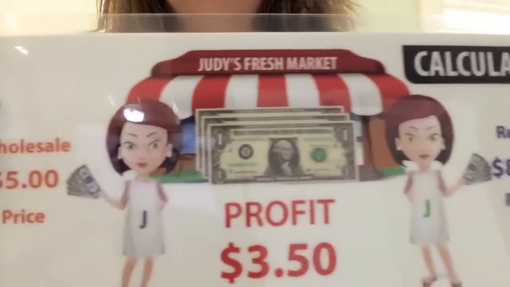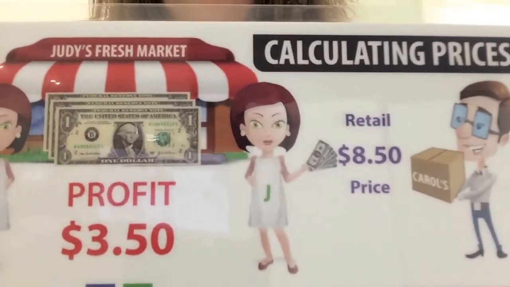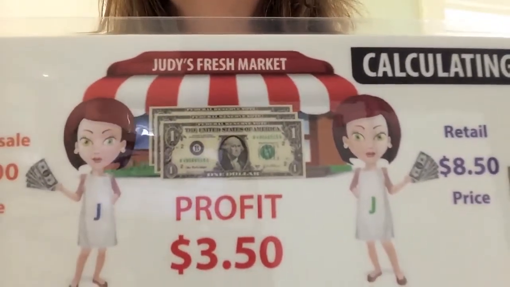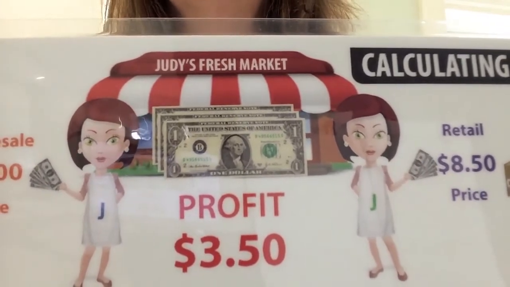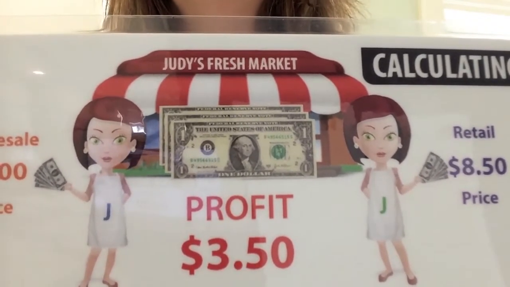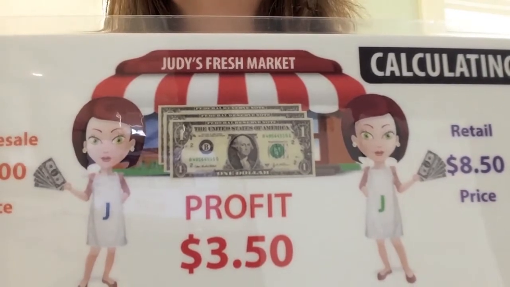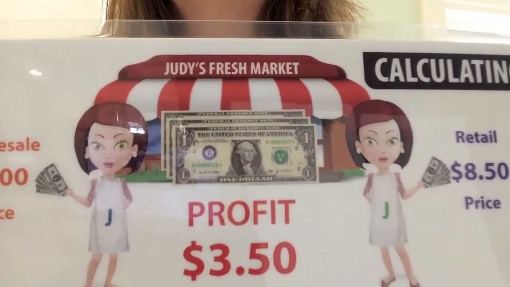She buys it for $5. She sells it for $8.50. The important number to know is that Judy is making a profit of $3.50 on each box of muffins that she sells.